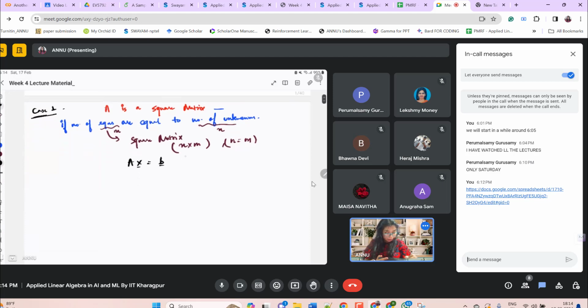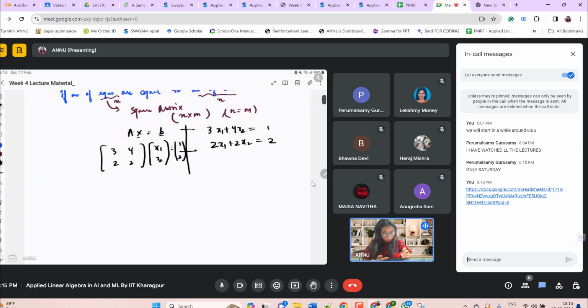We can write this as, suppose, 3x1 plus 4x2 is equal to b1, 2x1 plus 2x2 is equal to b2. So this is equation 1, this is equation 2. So A will be 3, 4, 2, 2, and x will be x1, x2, and b will be b1, b2.